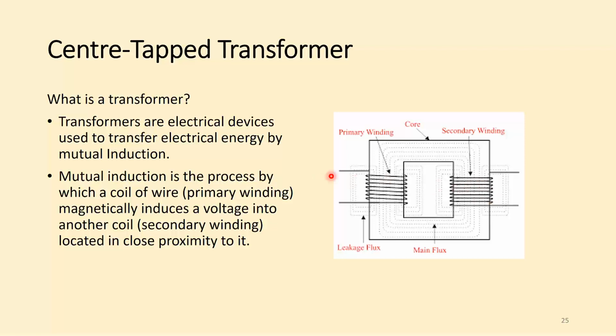So you have a primary winding here, which comes from the AC source. It is transferred and induced into the secondary winding, located in close proximity to it. You can have a step up transformer, you can have a step down transformer.